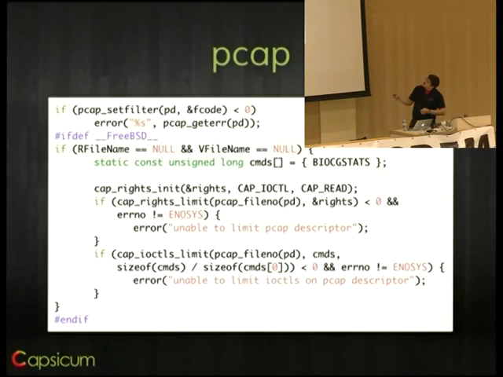We declare the ioctls that we might want to use. We set up that rights structure to say you're allowed to do an ioctl, and you're allowed to read from that device, and then we actually limit that file descriptor to those rights. So with that file descriptor now, you're only allowed to do ioctl and read. You can't write to it, for instance. And then we also limit which ioctls you're allowed to do. And this has to be done this way.